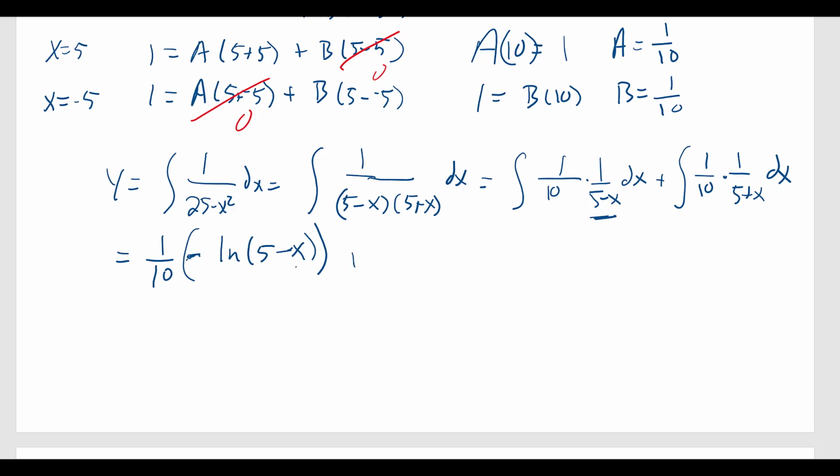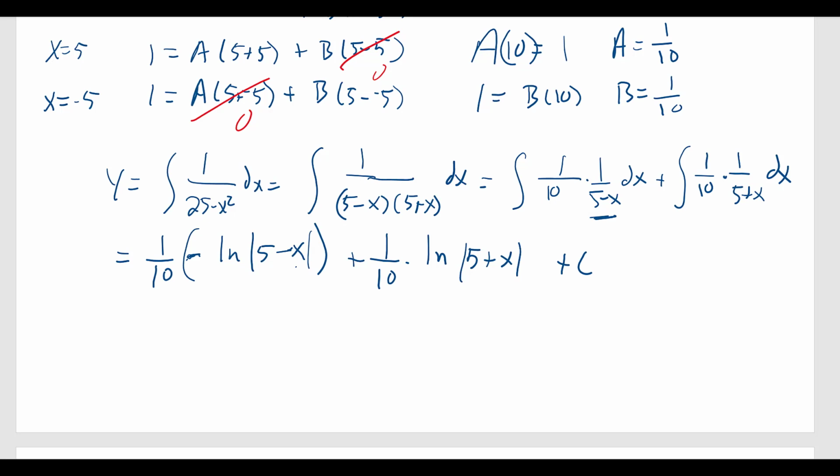And then we have plus 1/10 times natural log of 5 plus x. I just did the same thing here. Those are technically supposed to be absolute value bars. Okay. And then we have a plus c.